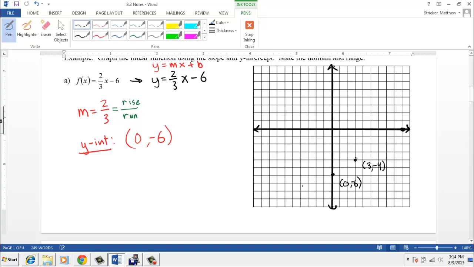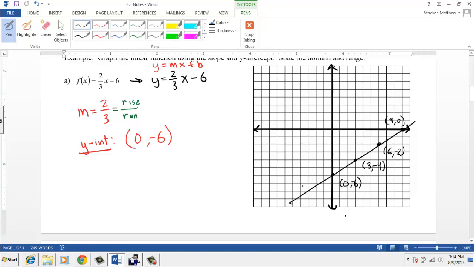We could keep going. We could go up 2 and over 3 again, which gives us the point 6, -2. And even one more time, up 2 over 3, which gives us the point 9, 0. And then we could go ahead and graph the line that runs through those points.